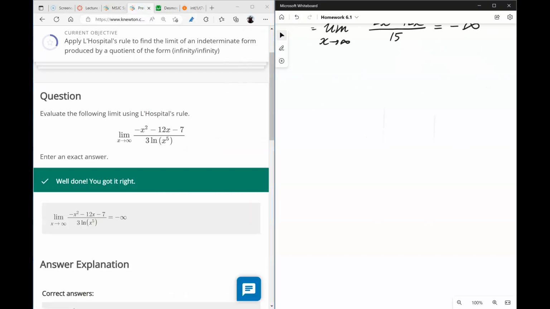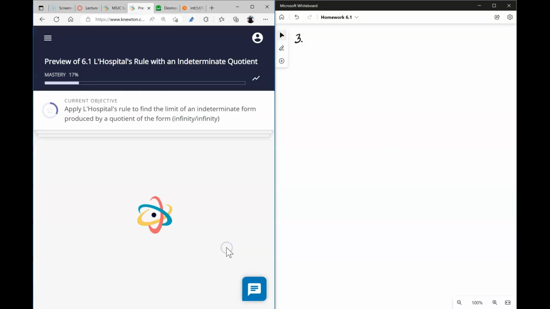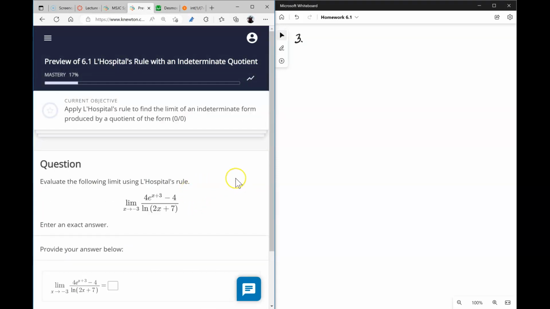All right, so let's continue. Okay, so we have x approaches negative 3, so e to the power 0 is 1, 1 times 4, 4, 4 minus 4 is 0, 2x plus 7 is 1, and ln of 1 is 0.